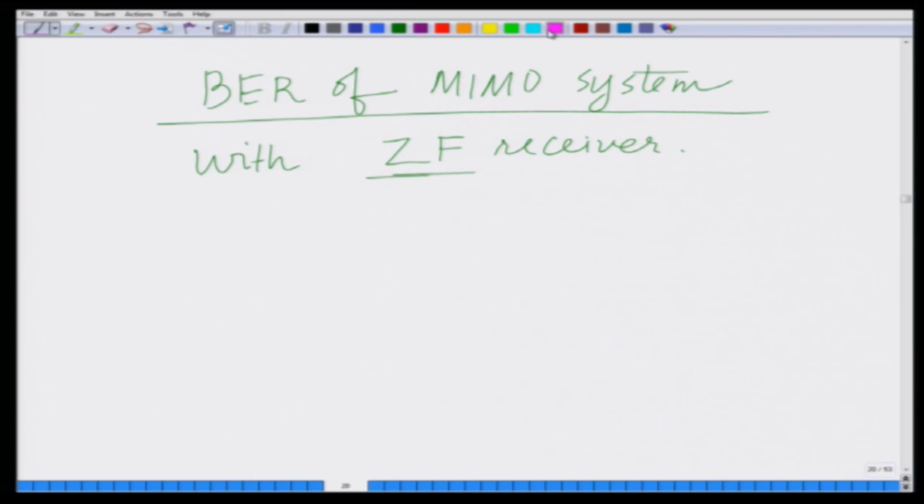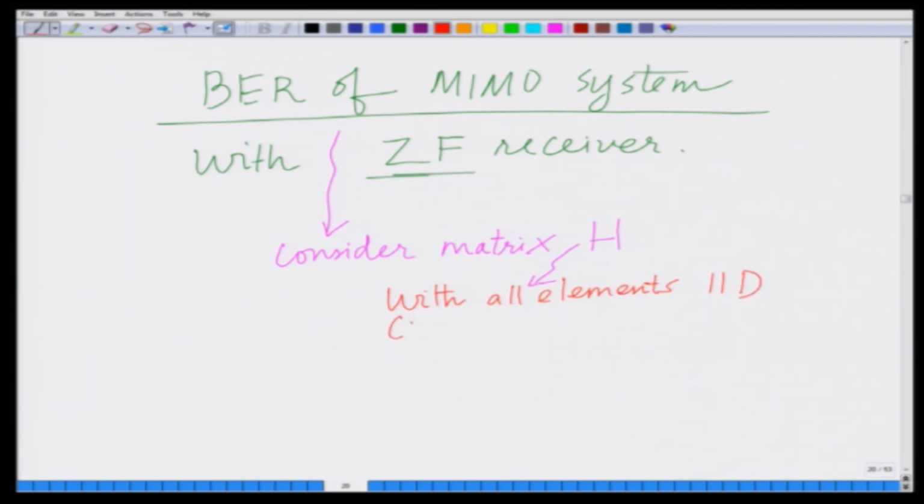Okay. And now, consider a channel matrix H with all elements IID complex Gaussian with average power equal to 1.